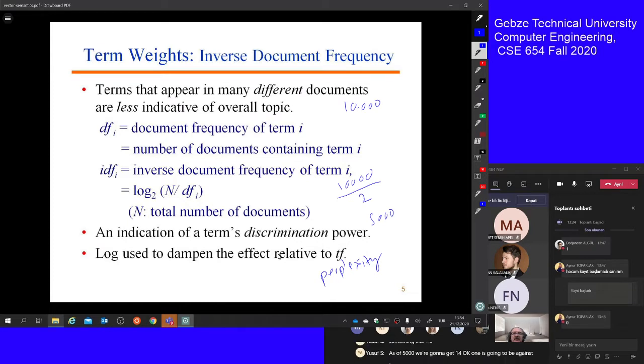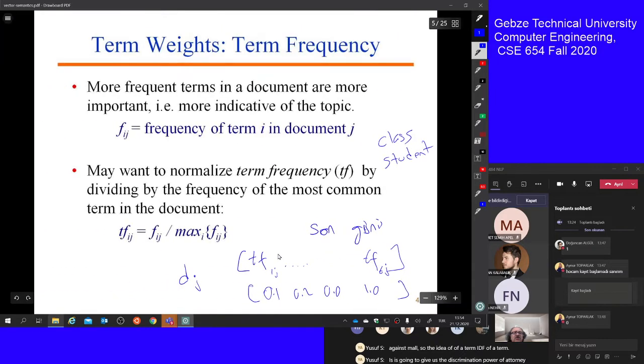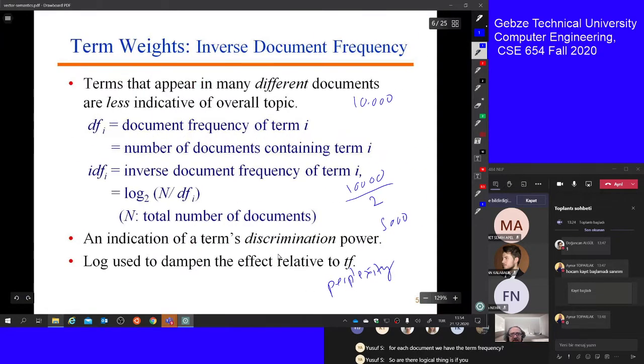So the IDF of a term is going to give us the discrimination power of a term. And for each document, we have the term frequency. So the logical thing is, if you multiply the term frequency of a term I times the inverse document frequency I, that will give us a very good indication of a term for that document.